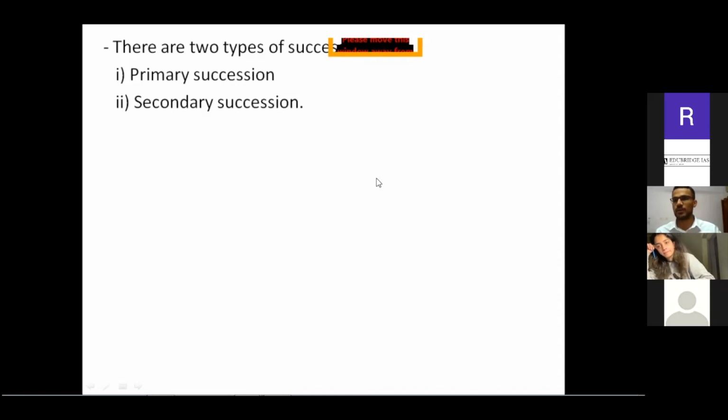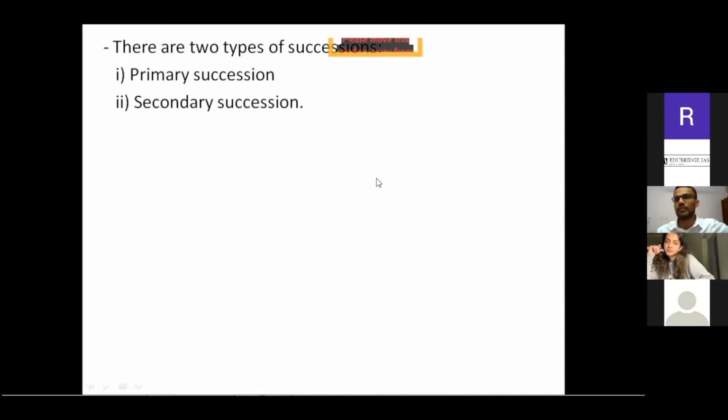For example, if there is excessive feeding on trophic level 2 by trophic level 3, then that particular trophic level 2 will eventually be wiped out. And as trophic level 2 has gone extinct, the subsequent trophic levels will not be able to live.